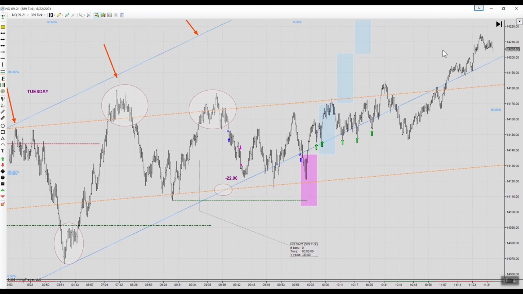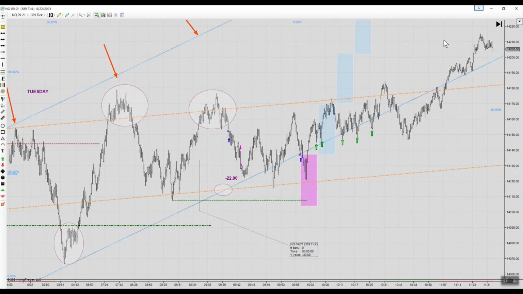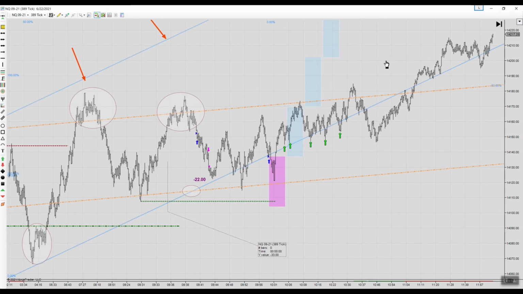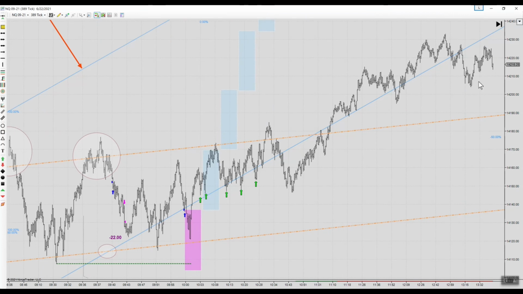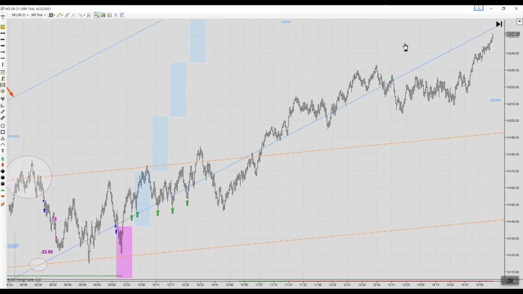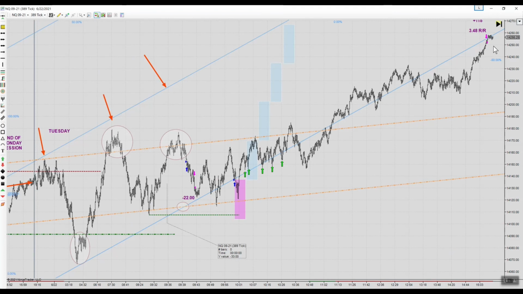Just around 11 o'clock here, which is when the volatility died down in the previous session, we actually get the follow through today, new highs, and still hugging along the steeper frequency here. We did translate below it. We moved slightly further away here, but still hugging the line, and ultimately I decided to close the opportunity just above the original idea here, 14,250, right on the back side of this line.